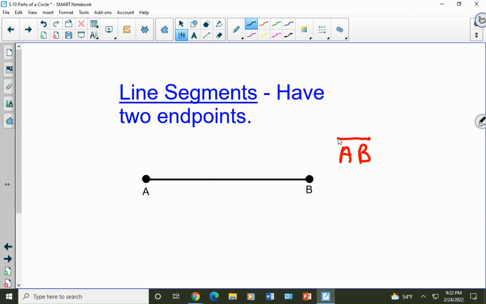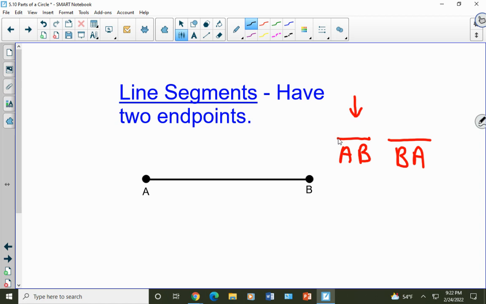So this is one way to write line segment AB. The other way to write it is with the other letter first, line segment BA. So you can name it either way. You just have to put a line over top of it.